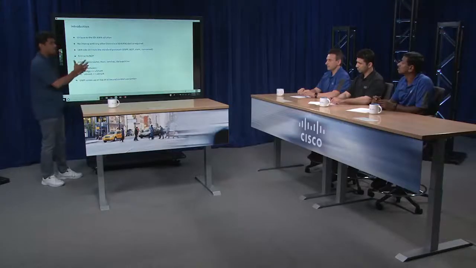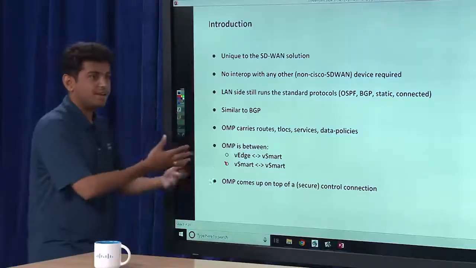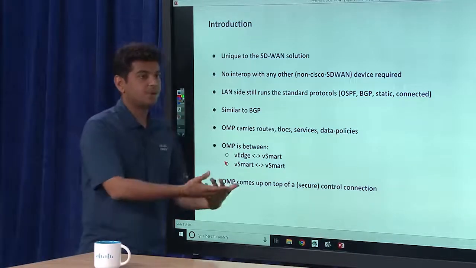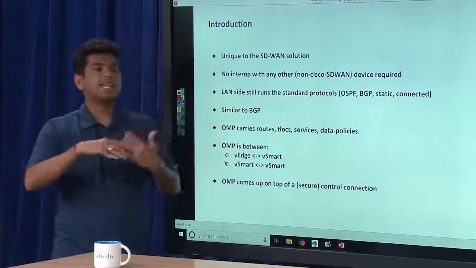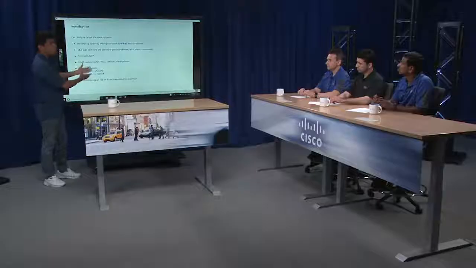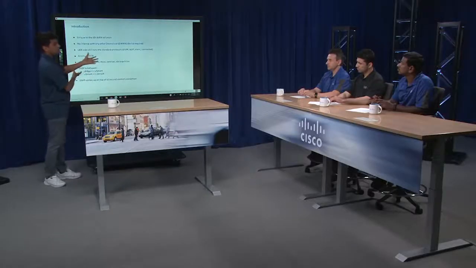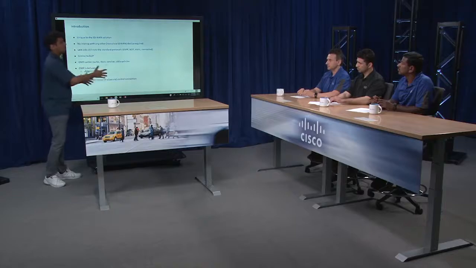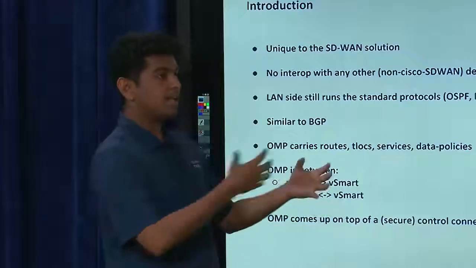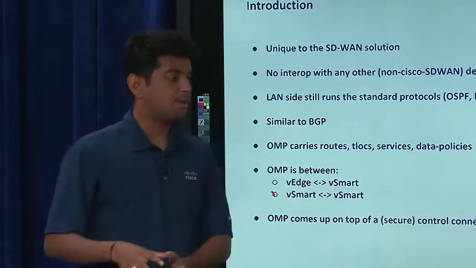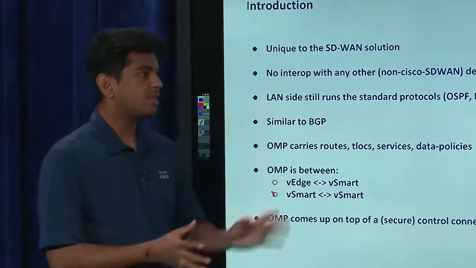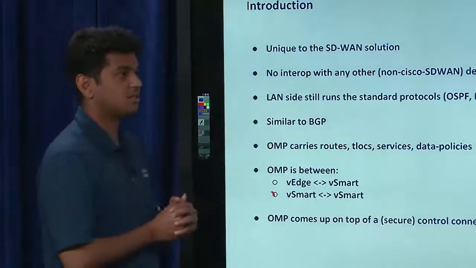For example, today, Cisco WAN Edge has the software capabilities to handle how OMP interacts with this entity in this manner. Any other entity XYZ does not know the software crux of how OMP works. It's not an RFC defined where anybody can take it, code it, and have it in place in their software. So that's what makes it unique to the SD-WAN solution.